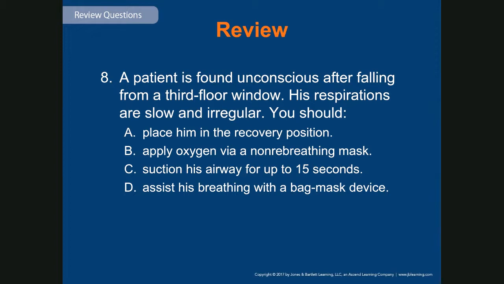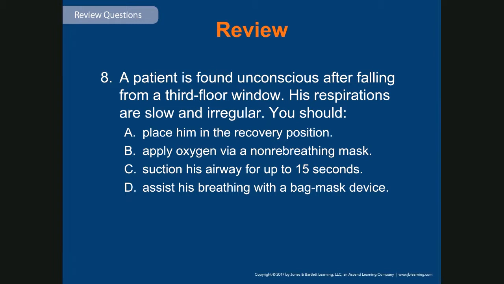So the patient is found unconscious. That means that there is an upper airway problem, because the tongue is in the airway. When a patient is unresponsive or unconscious, the tongue falls into the airway passage. The patient is breathing slow and irregular. That means this patient would have poor chest rise, so the patient automatically falls in the poor ventilation category.